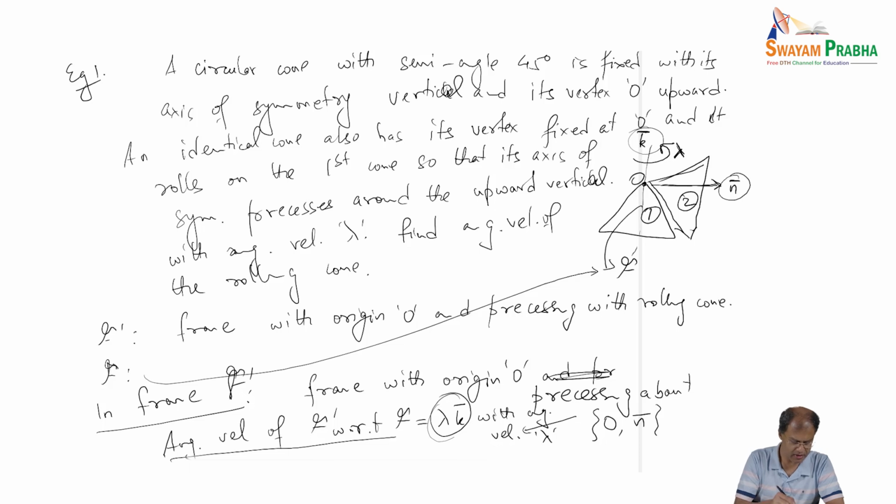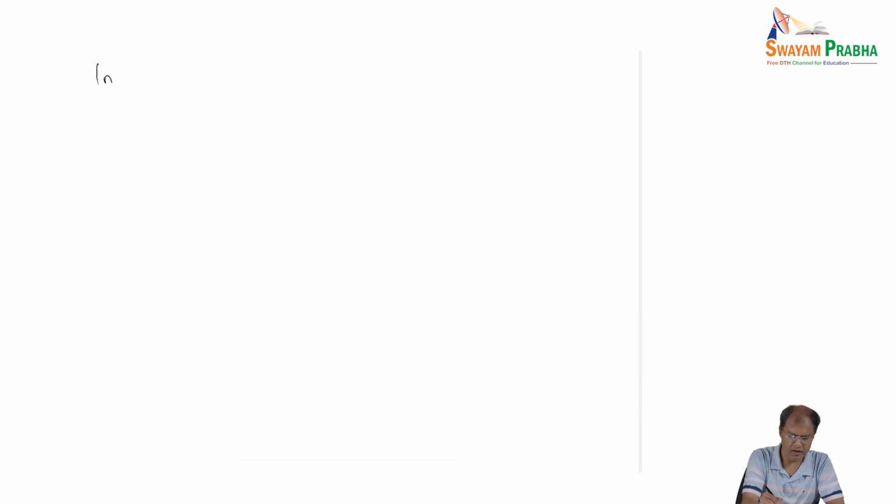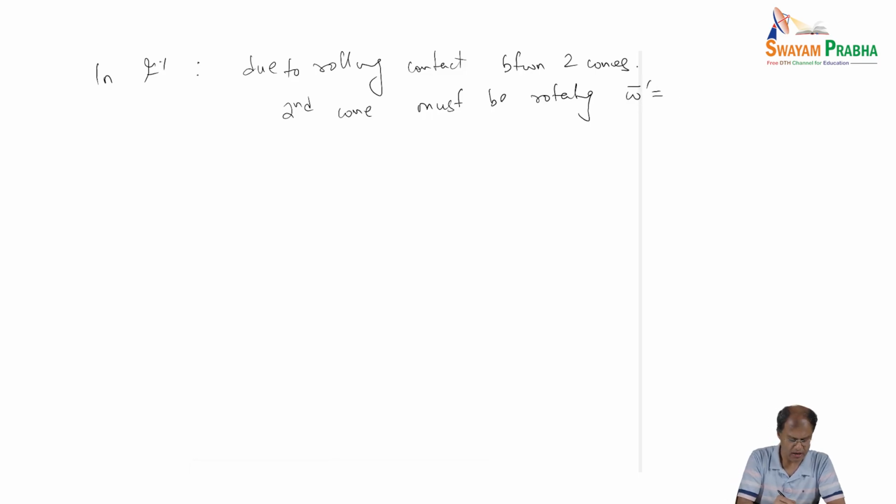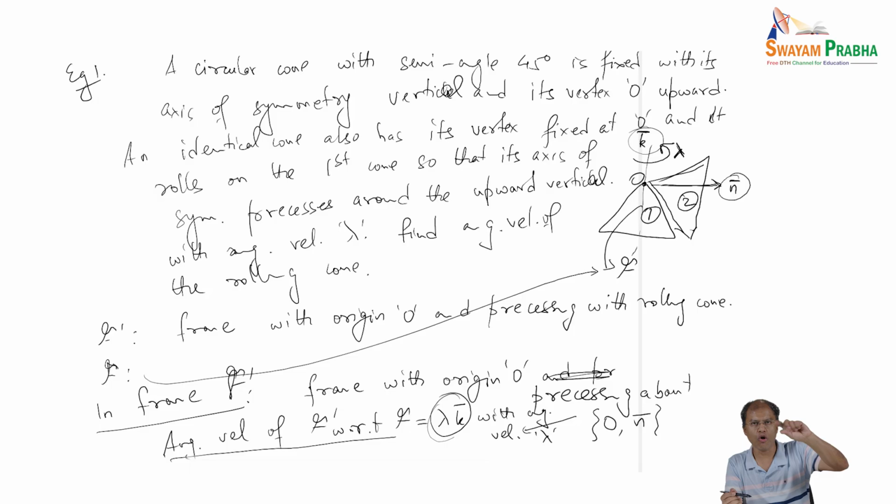Now in frame f prime, due to the rolling contact between the two cones, the second cone must be rotating with angular velocity omega prime, and the rotation is now clockwise, right?